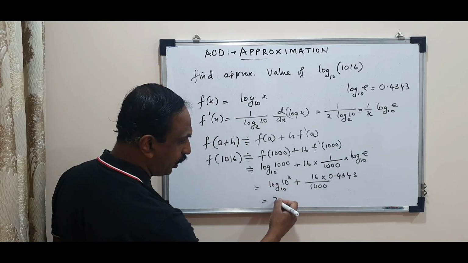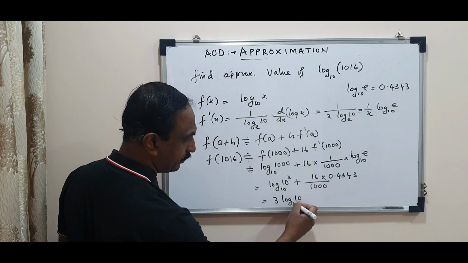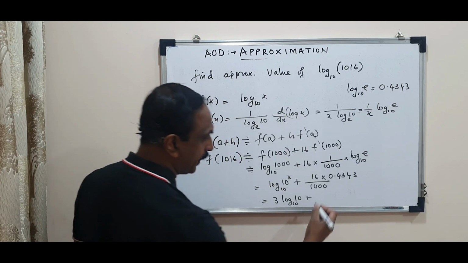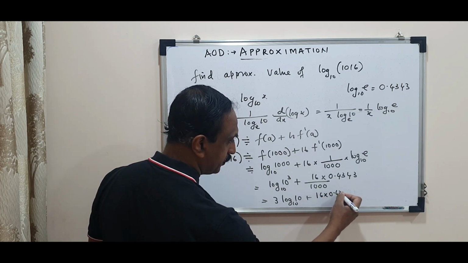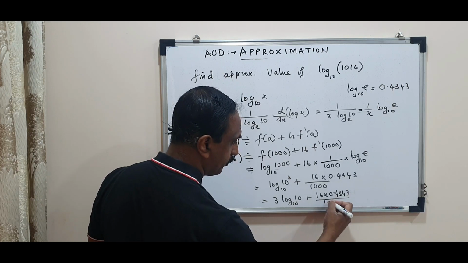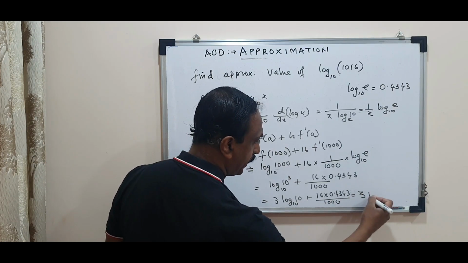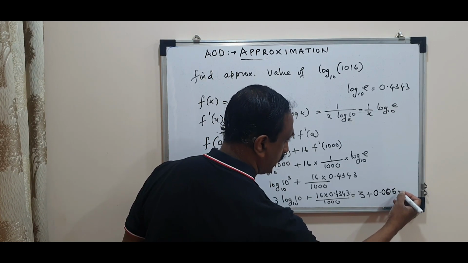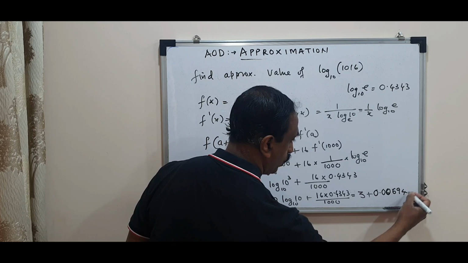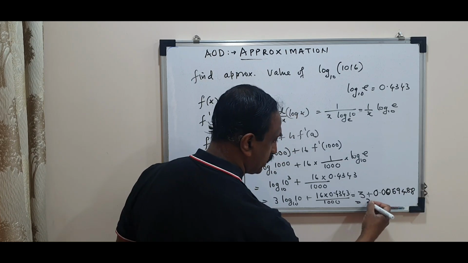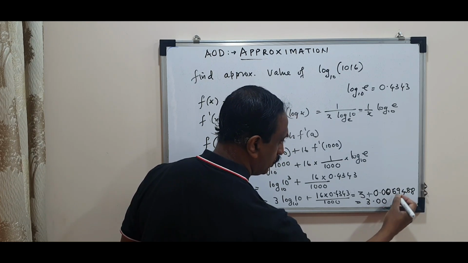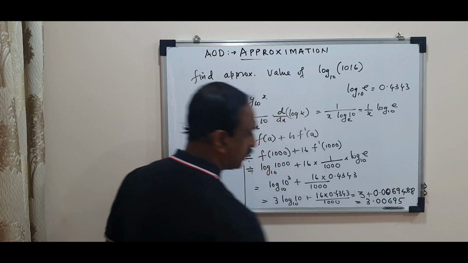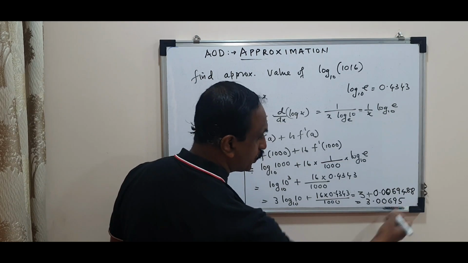That became 3 log 10 to the base 10 plus 16 into 0.4343, which we multiply and divide by 1000, which is 3 plus 0.069488. That is 3.00695. So that will be my answer, 3.00695.